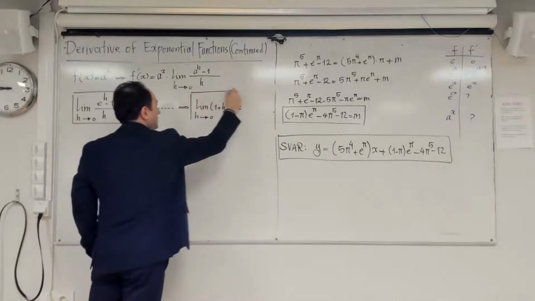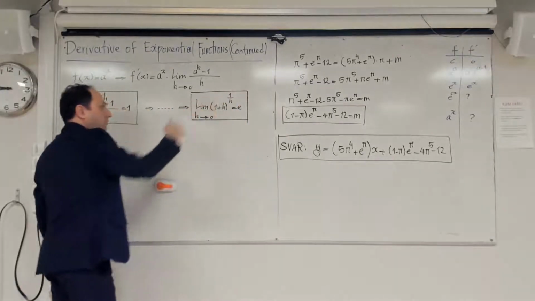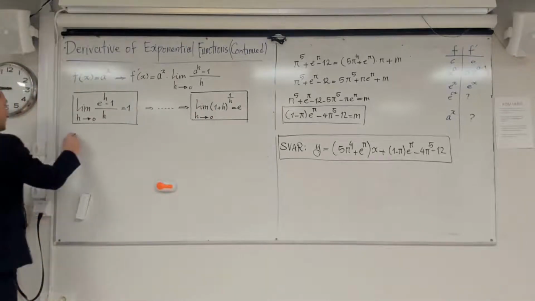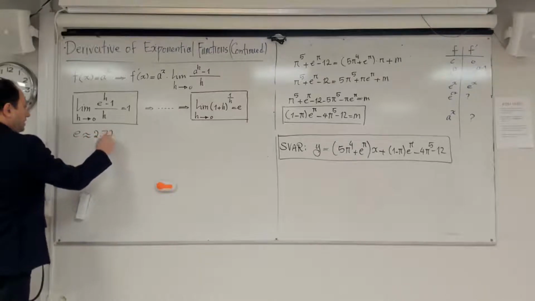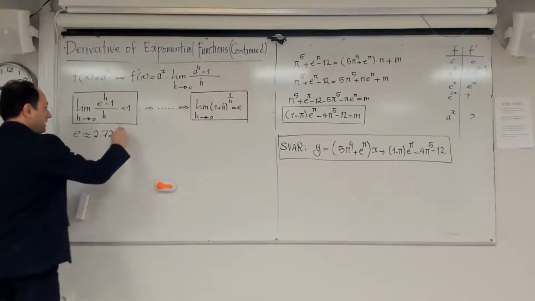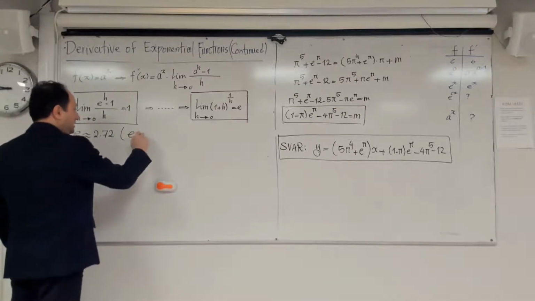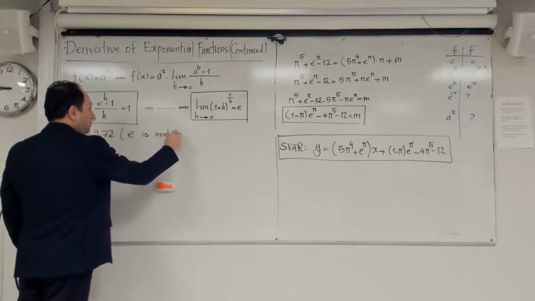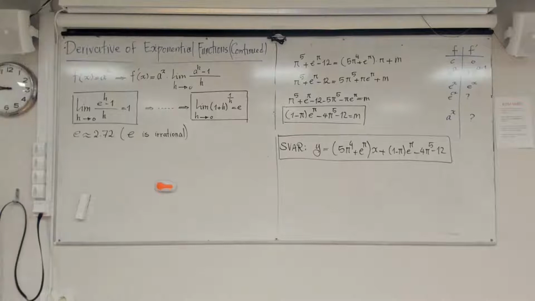This is also a famous formula in mathematics. Using this formula, we were able to see that e is approximately 2.72 up to 2 decimal places. And I told you as passing information that e is irrational, so you shouldn't have any hope of getting the exact value in decimal form. Okay, so these are the things that we had before.